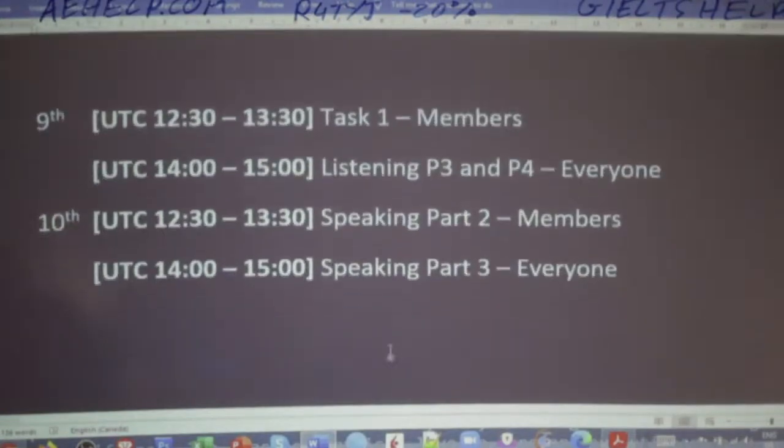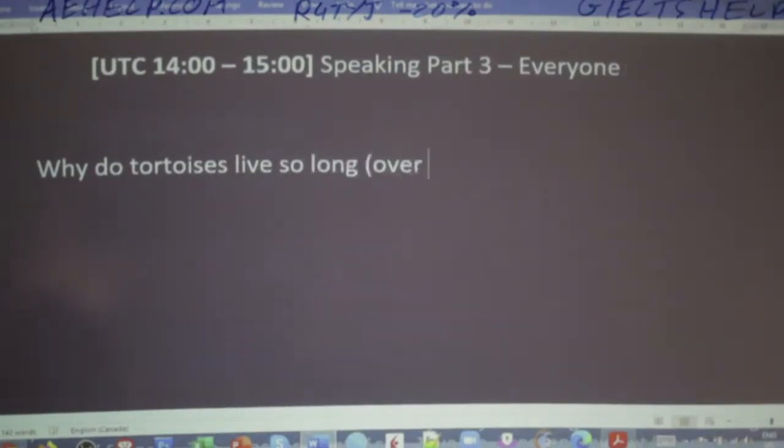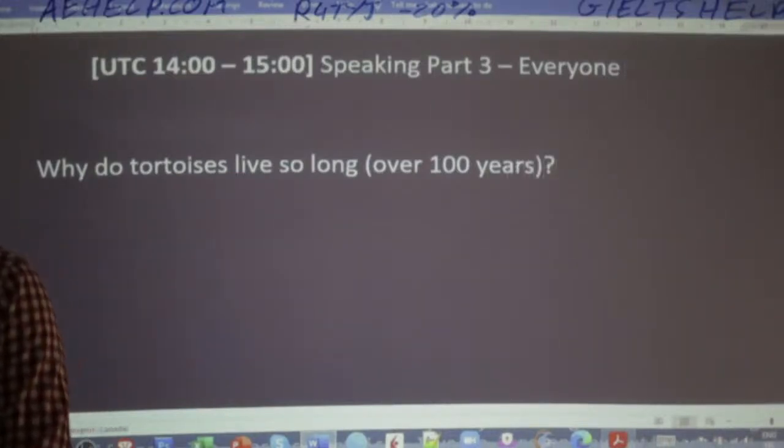Why do tortoises live so long, and how long do they actually live? And so long, right away you should think well over 100 years. So what do you think?